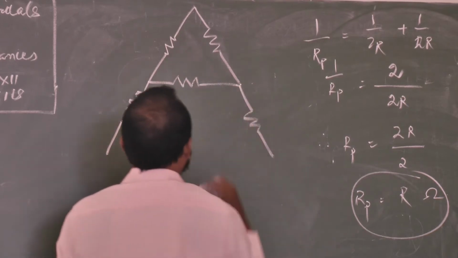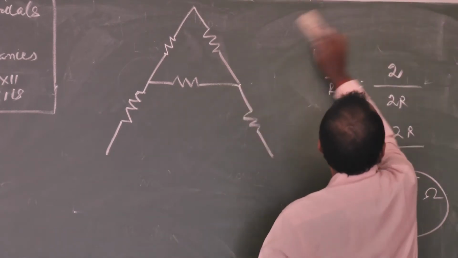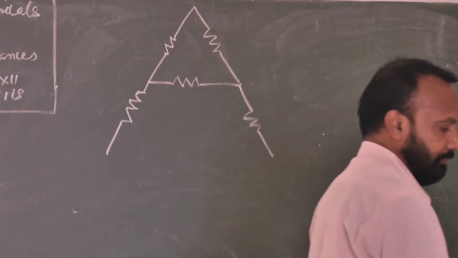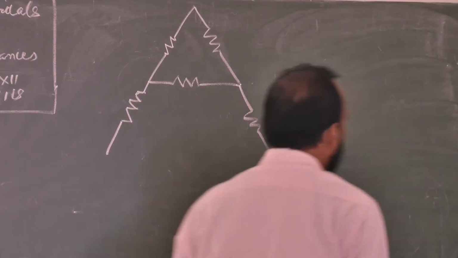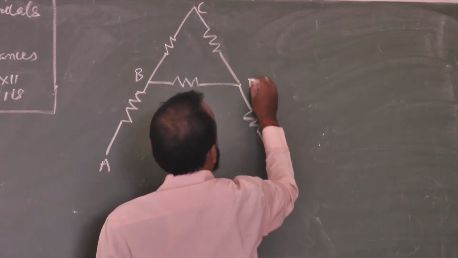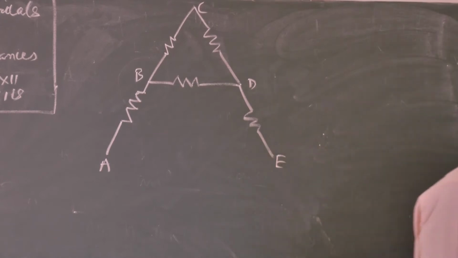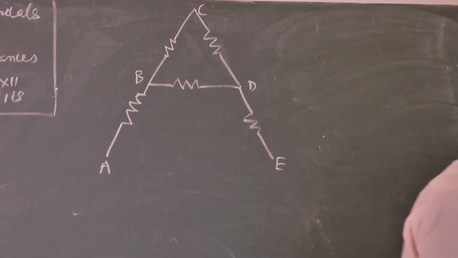This is the diagram. Give the names A, B, C, D, E, and resistances are given R1, R2, R3, R4, like that.